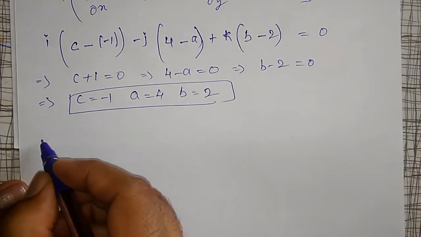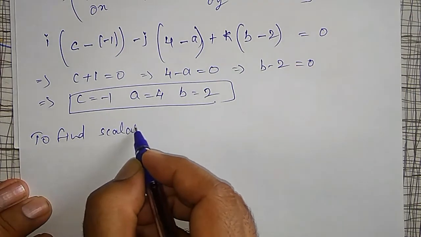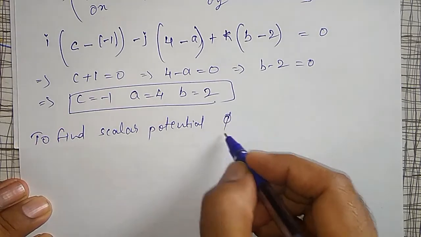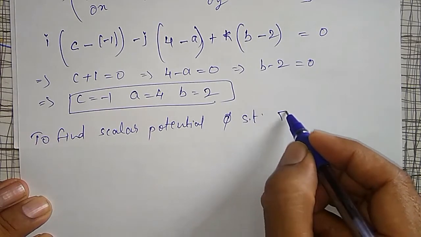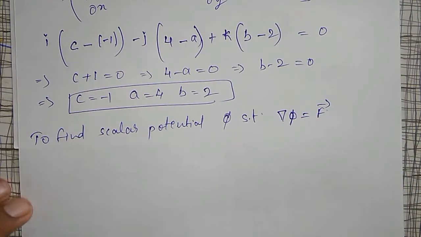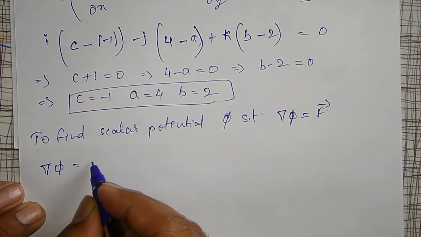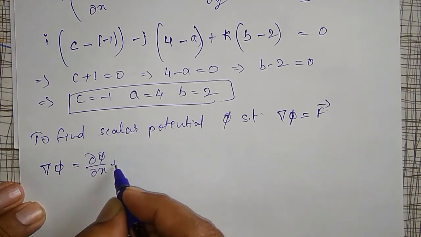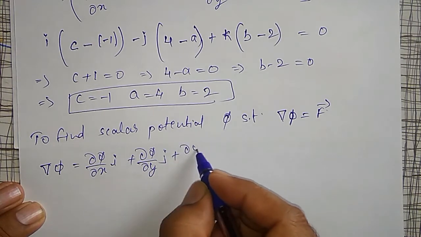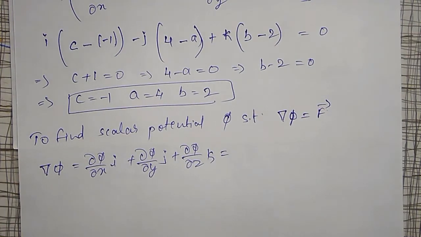Okay, to find a scalar potential, phi such that del phi is equal to vector f. Here del phi is equal to dou phi by dou x into i, dou phi by dou y into j, dou phi by dou z into k. That must be equal to vector f.